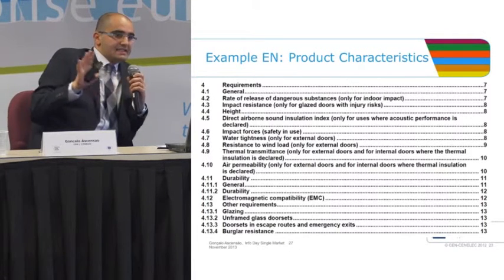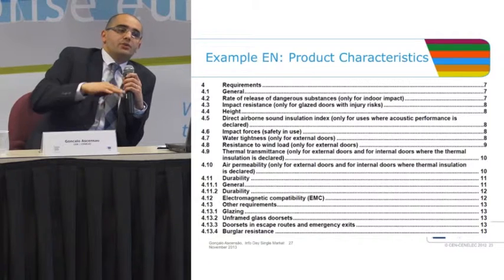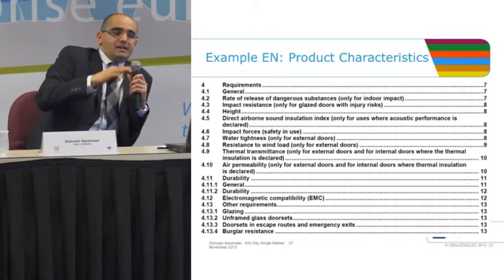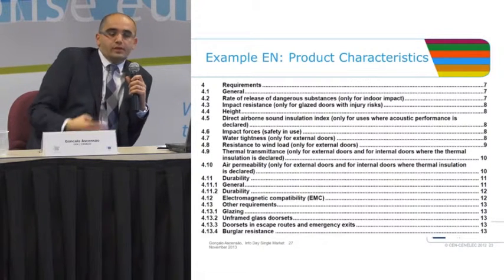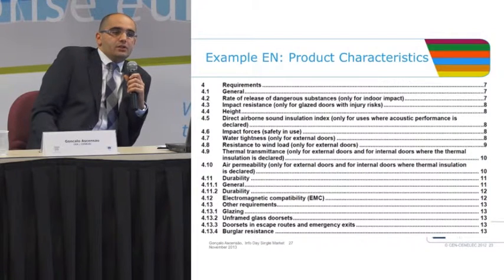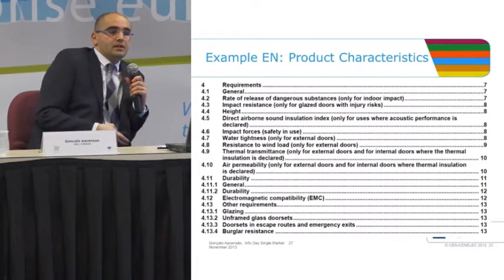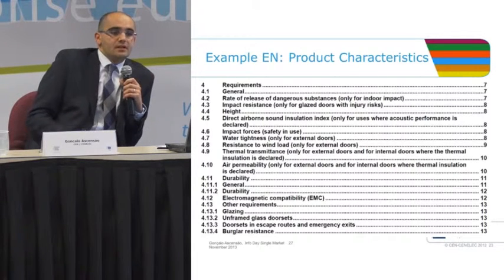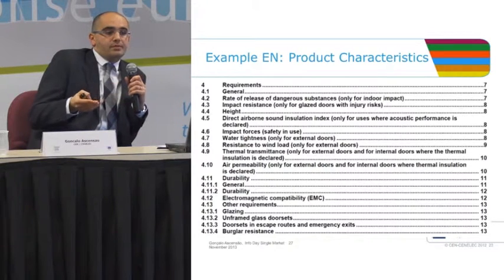So this is an example of a clause 4 of a standard. You can see the type of characteristics that usually are addressed for a product standard. You have, for instance, impact resistance, height, thermal transmittance, durability, air permeability.